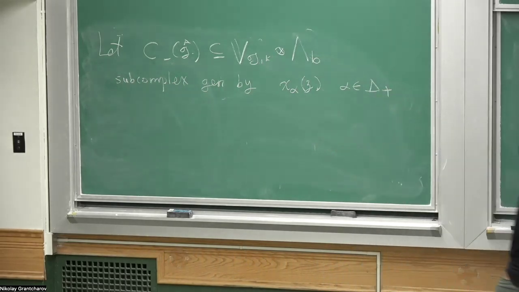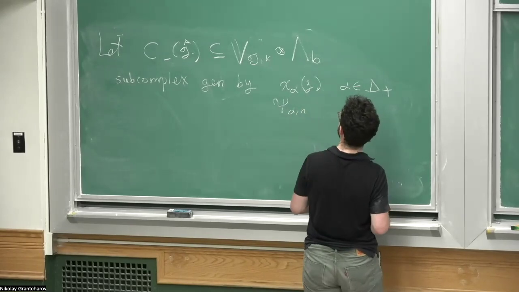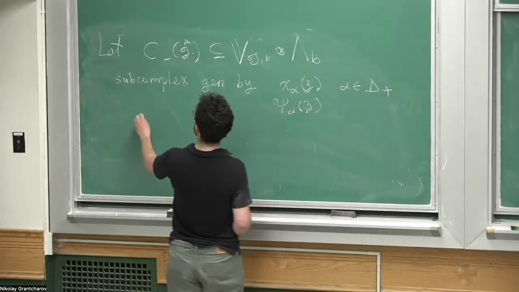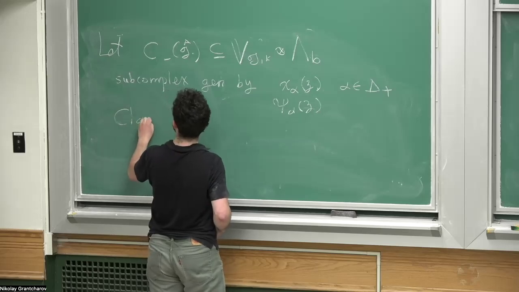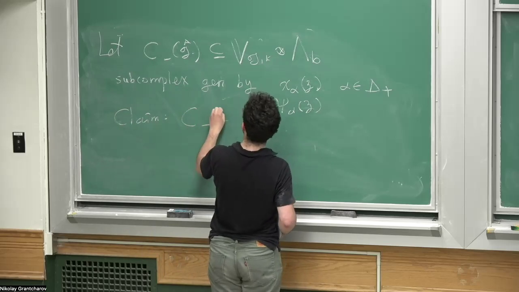So this is like elements in the image of the Kac-Moody vertex algebra for N. Okay, so alpha. This complex is structured.